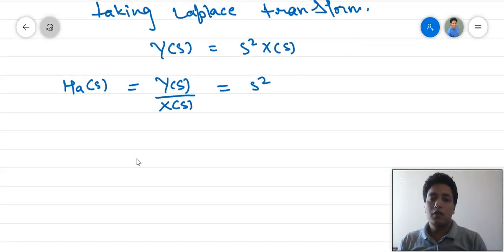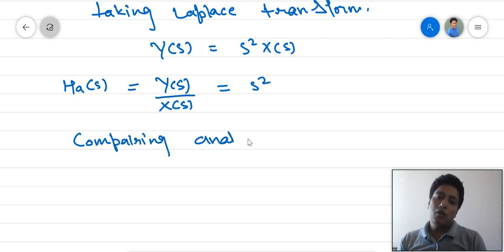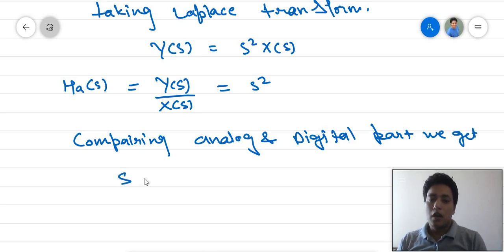That means, comparing the analog and digital parts, we get s square is equal to 1 minus z inverse by T, whole square.